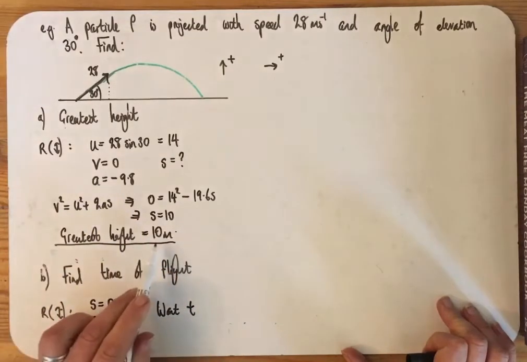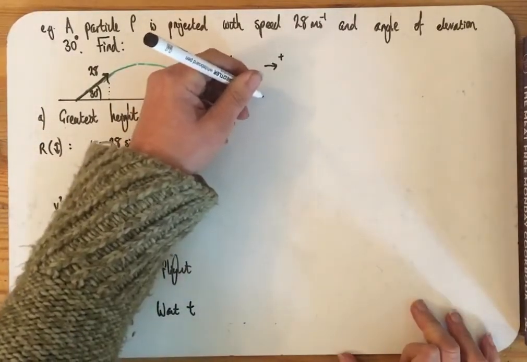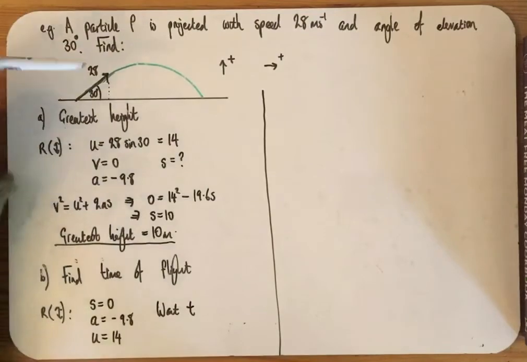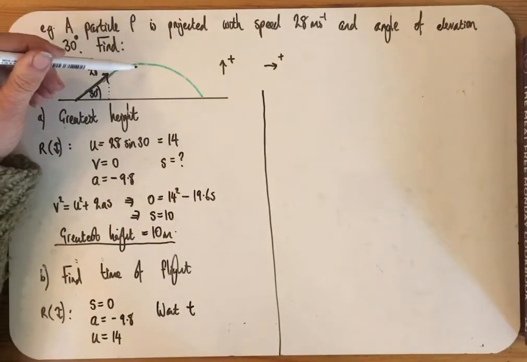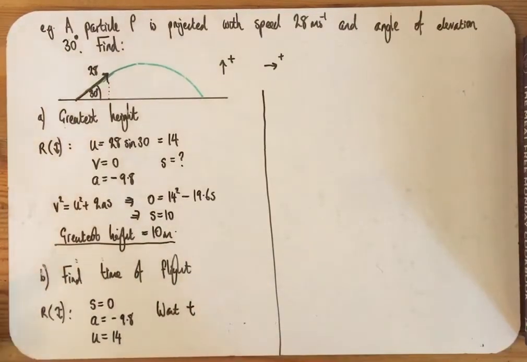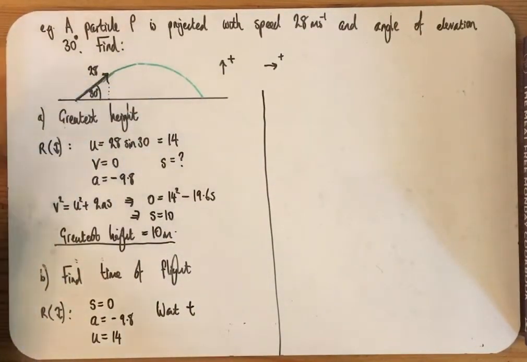You could possibly use this. If you can avoid it, I just wouldn't use previous answers in case they're wrong, but you could have used this and multiplied by 2, but yeah, I'm going this way. It's a parabola, so it's symmetrical as long as it's starting and finishing at the same point.